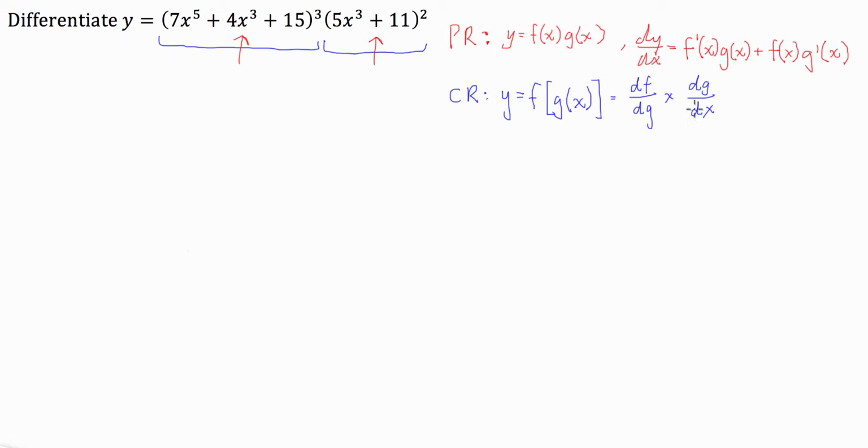Now you can see here that the g's will cancel out, leaving us with df dx.